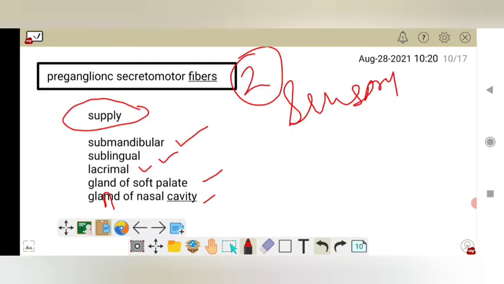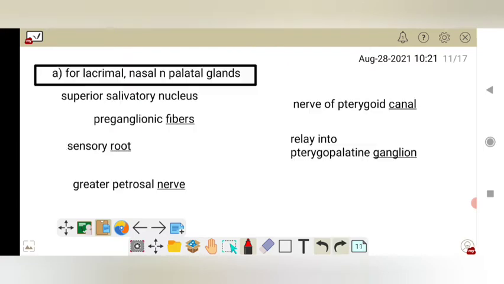Now, two routes are taken by preganglionic fibers: two separate routes, one for submandibular and sublingual, and one route for lacrimal, soft palate and nasal cavity. First of all, for lacrimal, nasal and palatal glands, these preganglionic fibers are derived from the superior salivatory nucleus, which is located in the pons near the motor nucleus of the facial nerve.